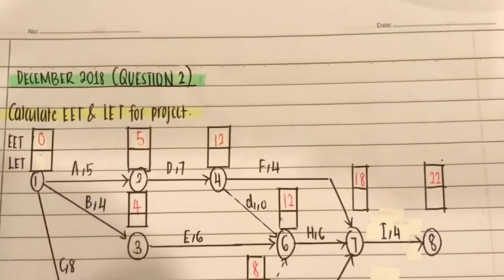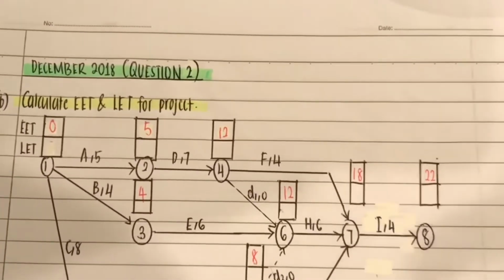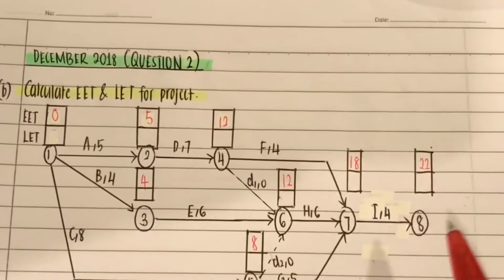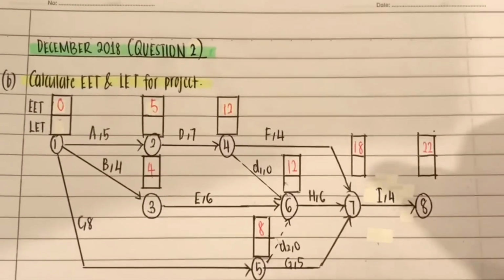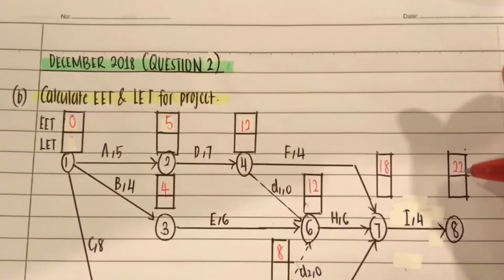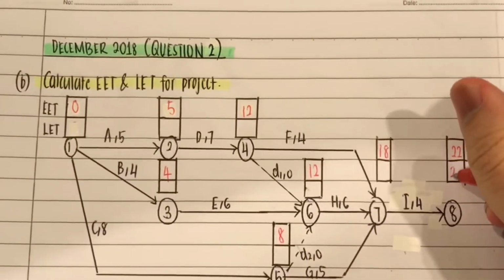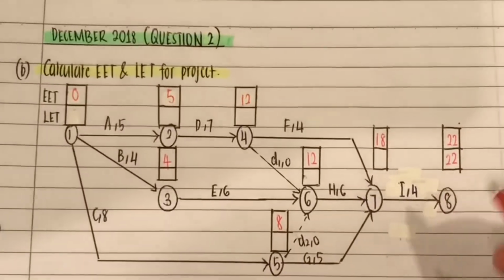So now I will be explaining on how to calculate for LET for the project. So LET, I repeat again, is the backward pass. So to calculate LET, you will start with here. So you have 22 here, it will also be 22. 22 minus 4 will be 18.